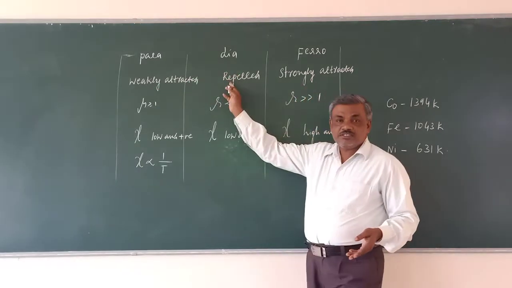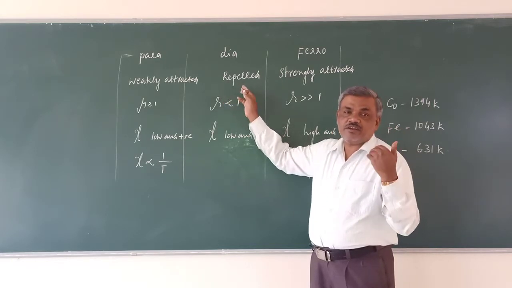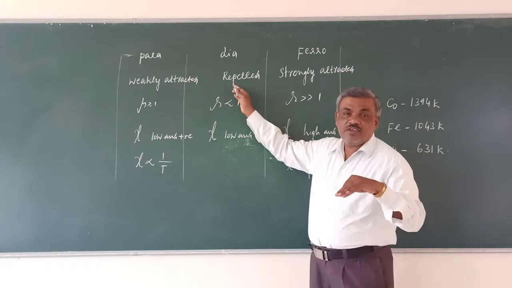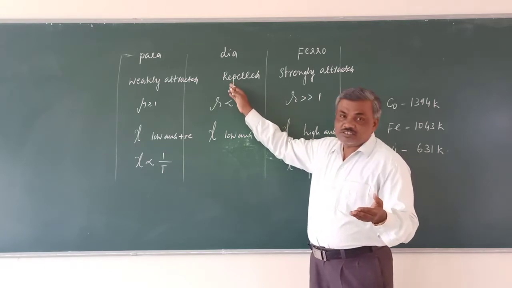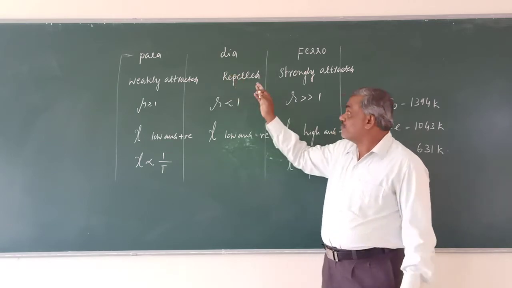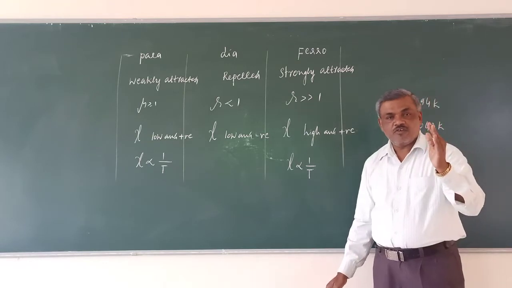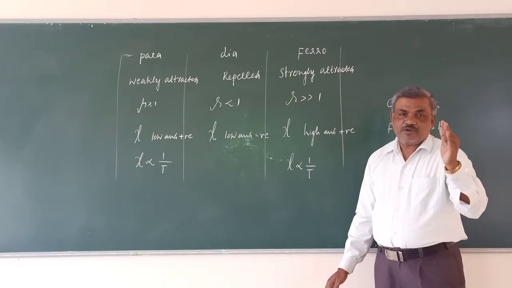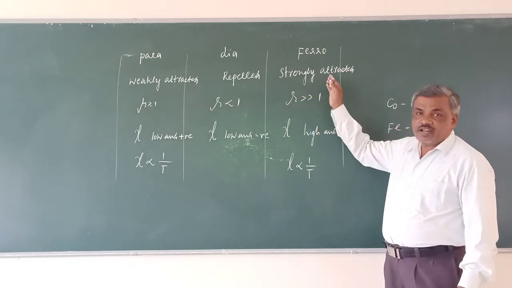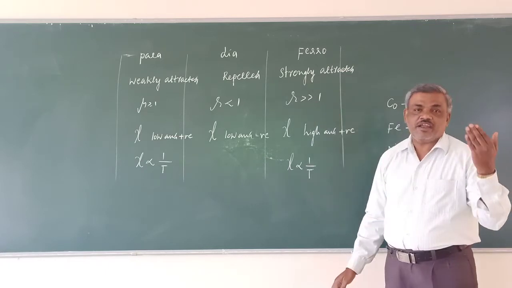Diamagnetic materials are the magnetic materials strongly repelled by the magnet; they move from stronger magnetic field to the weaker magnetic field. Last one, ferromagnetic materials, may be iron, cobalt, nickel. These are the materials which can be strongly magnetized, strongly attracted by the magnet.